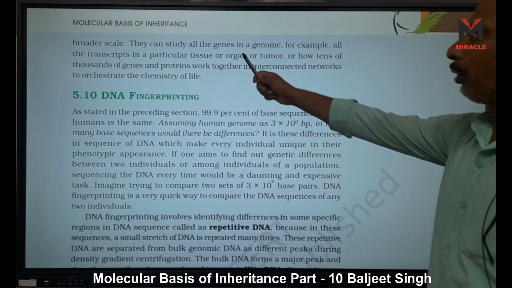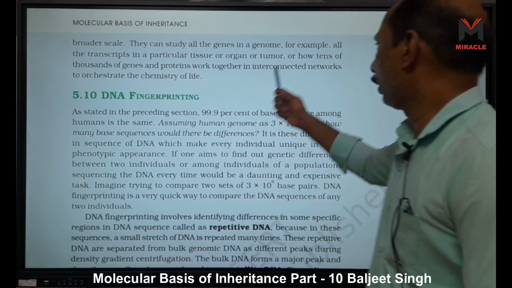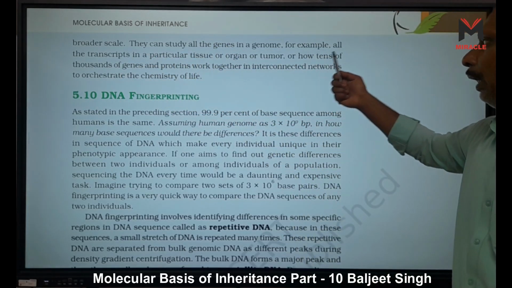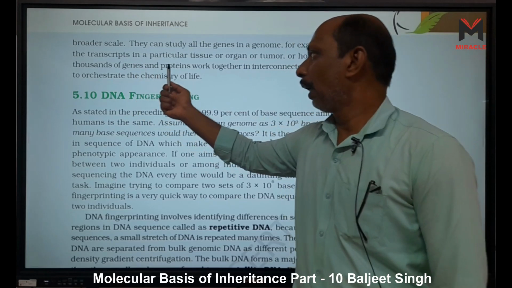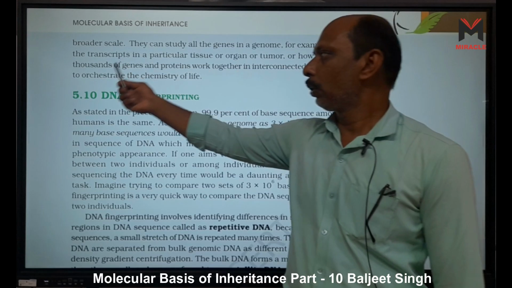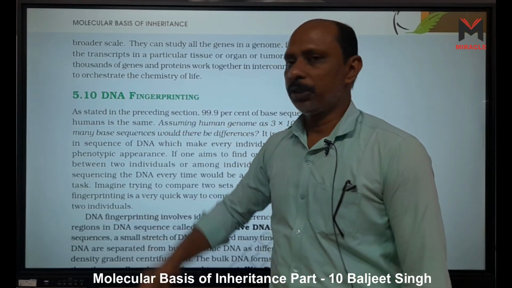They can study all the genes in a genome at the same time, for example, all the transcripts in a particular tissue, organ or tumor, and how tens of thousands of genes or proteins work together in interconnected networks to orchestrate the chemistry of life.